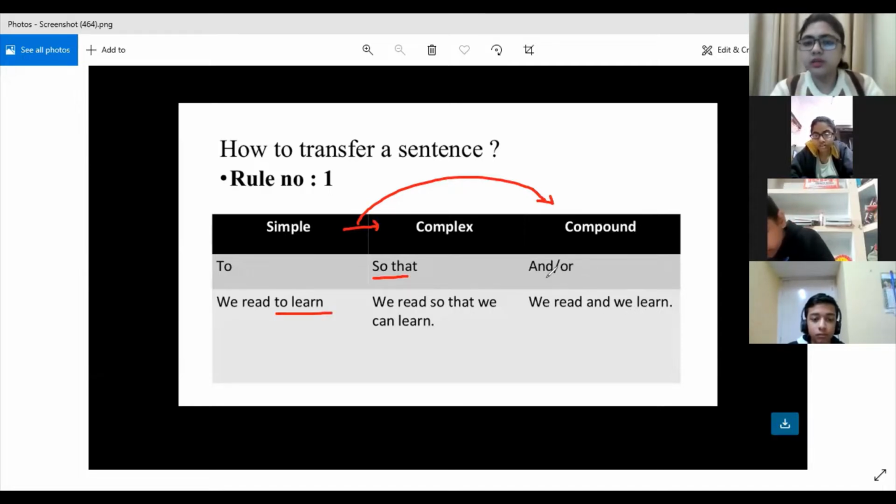Here or is not required, here and is required, therefore we have used and. And is a coordinating conjunction, so we have formed a compound sentence over here. I have included all three types of sentences in one table so that you are able to connect. Understood rule number 1?